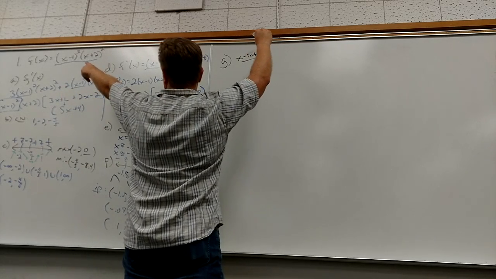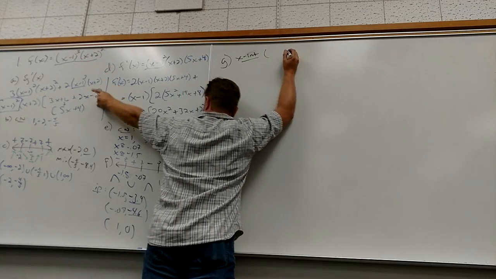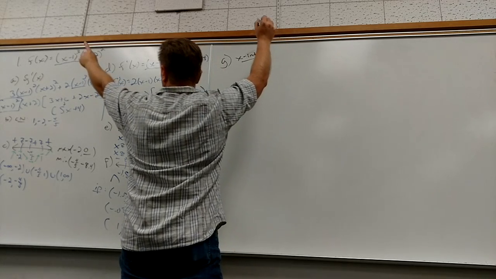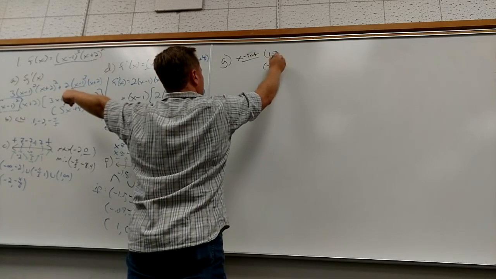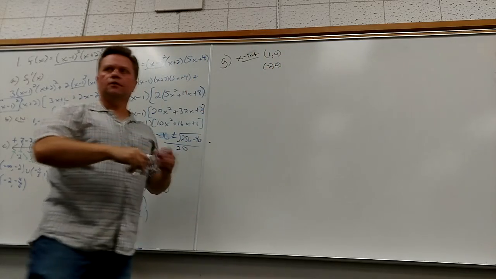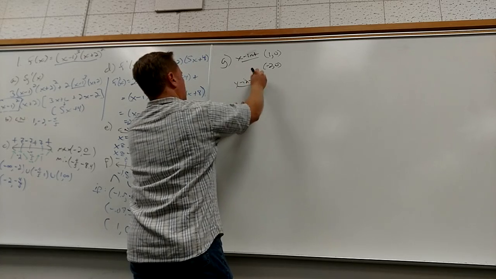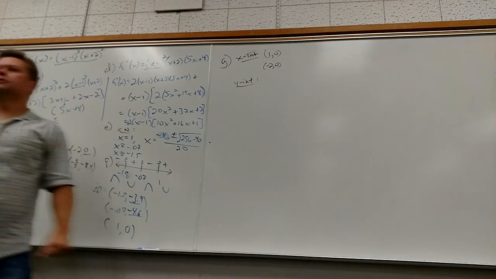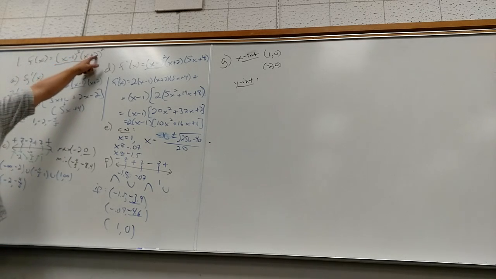You just see them, right? What are the x-intercepts? 1, 0, and negative 2, 0. You gotta like problems that start off factored because this intercept stuff is easy. What about the y-intercept? How do you find the y-intercept? You make x 0. So you get negative 1 times 4.